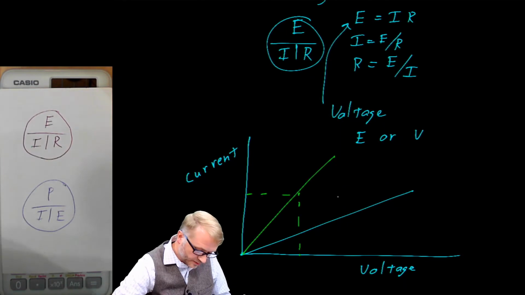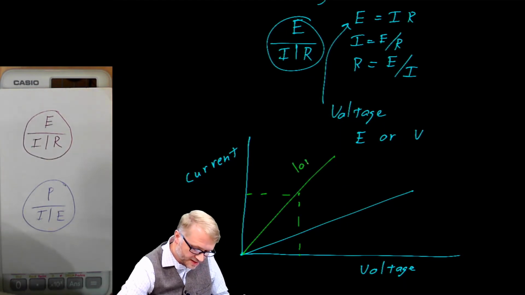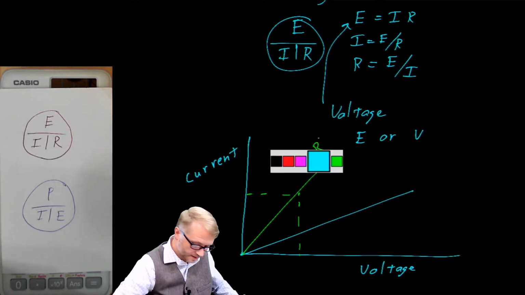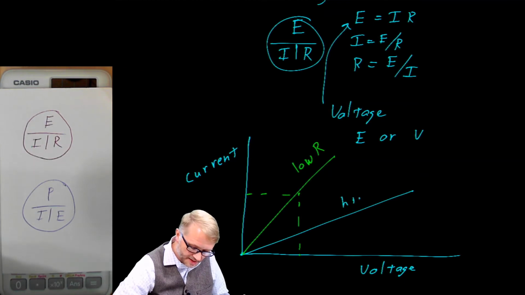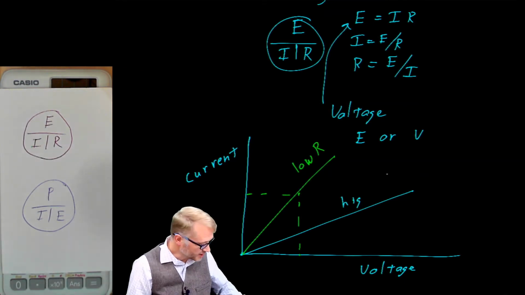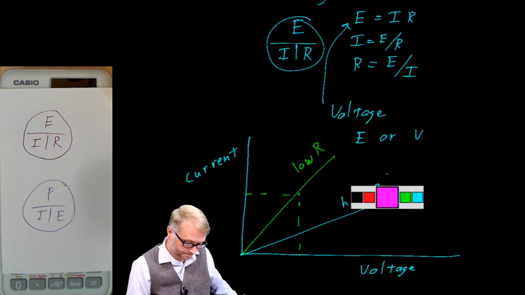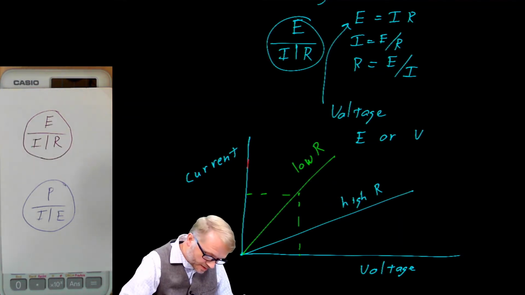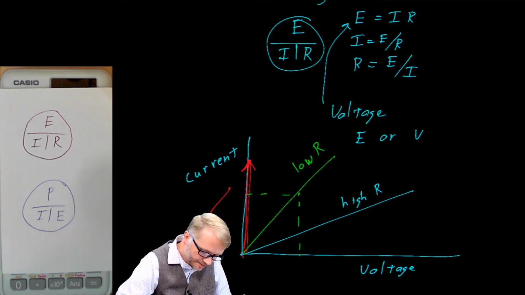This line would be said to have a low resistance. This one would have a high resistance. And then if we looked at the extremes, this one here, when you're completely vertical, this would be a short circuit.